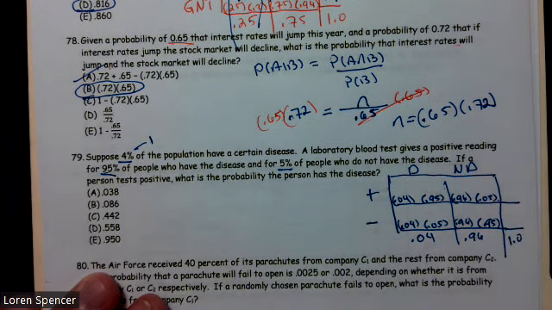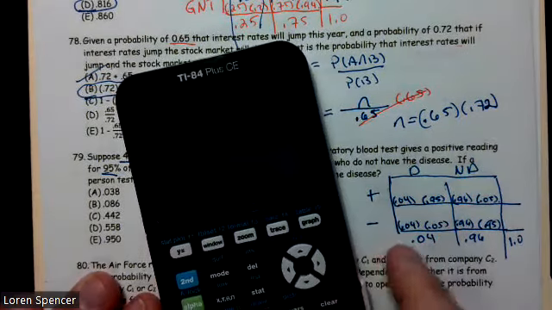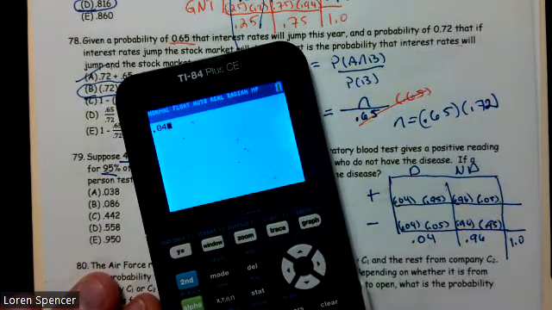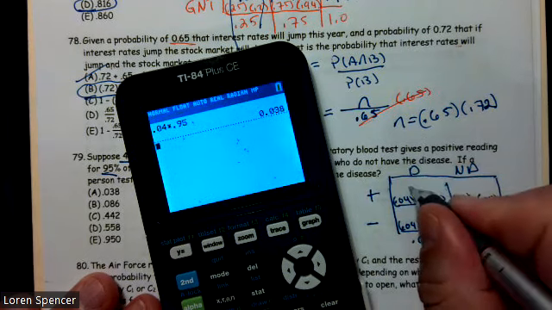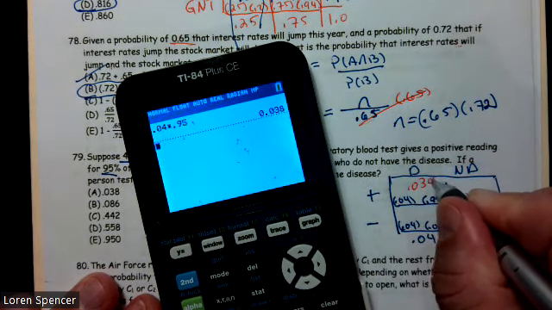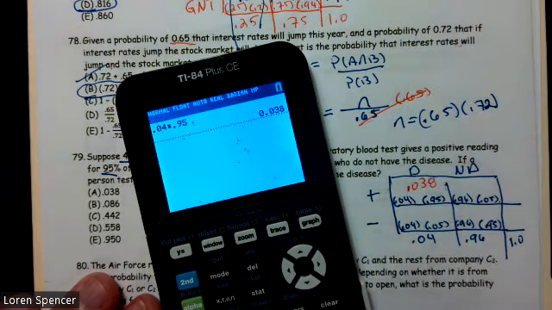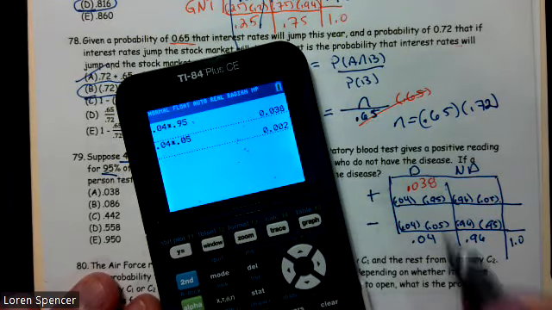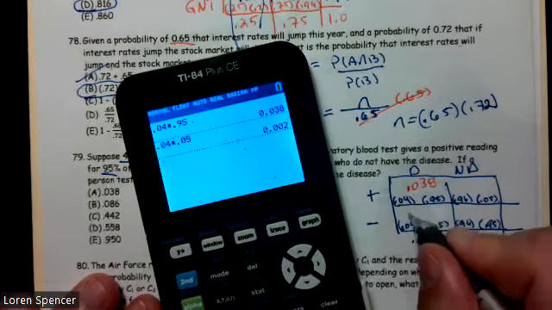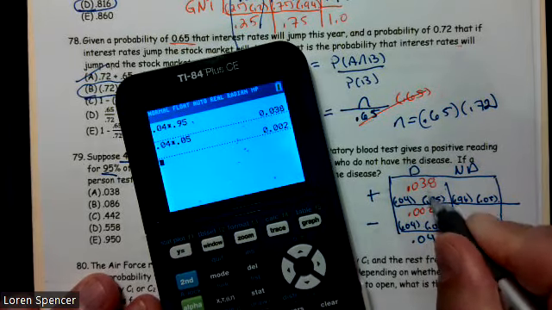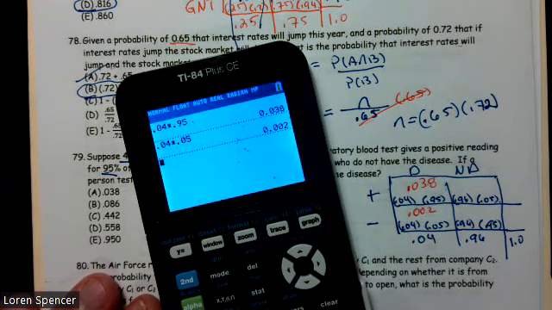So we can go ahead and start multiplying all this out. So 0.04 times 0.95 is 0.038. 0.04 times 0.05 is 0.002, and that's good because this plus this needs to equal that, and it does.